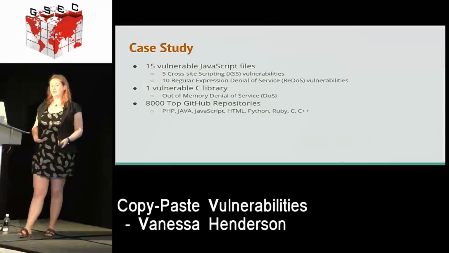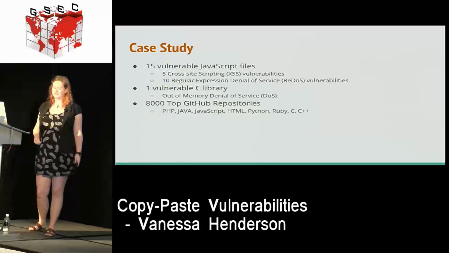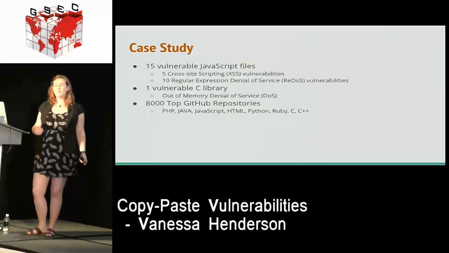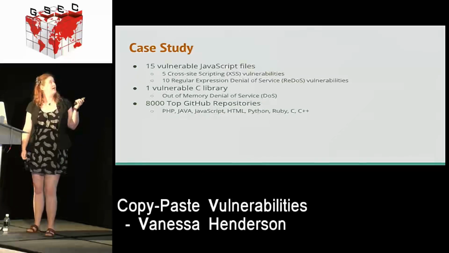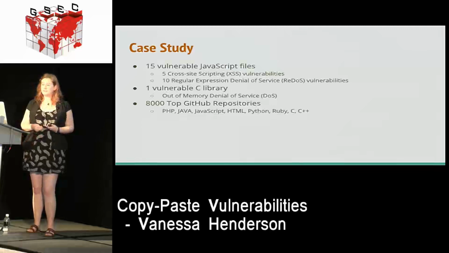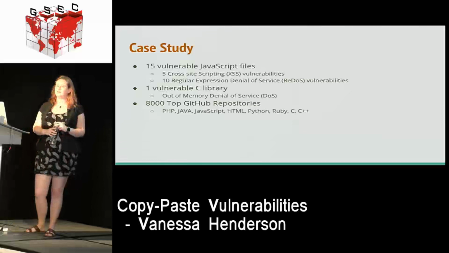The last vulnerability that I searched for was in the popular package libxml from C, and it was an out-of-memory denial of service vulnerability. I scanned the top 8,000 projects on GitHub from the following languages, as seen on the screen behind me here. These were the top forked projects because I found that a developer is more likely to fork a project if they're actually interested in using it because they want to have a stable copy that they know works with their application.